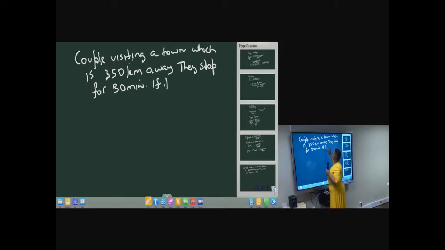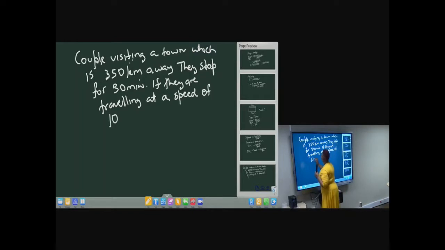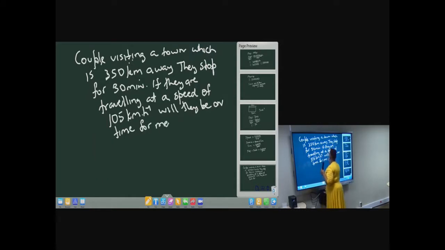If they are traveling at an average speed of 105 kilometers per hour, will they be on time for a meeting at 11:05?